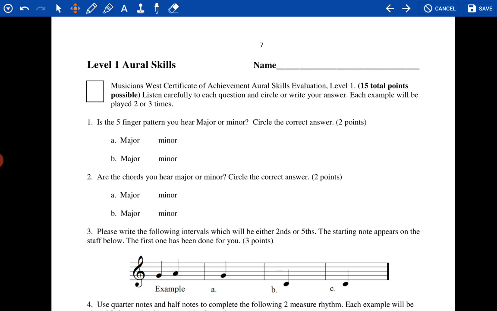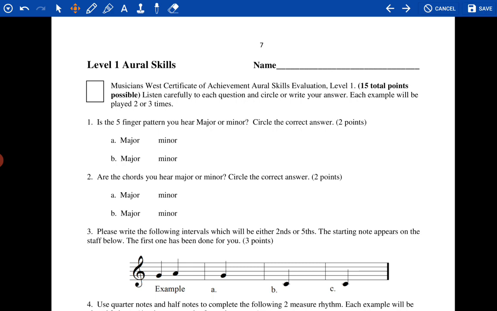That was actually minor again. That was major. Listen to another one. That was major again. Feel free to rewind back and practice those again.